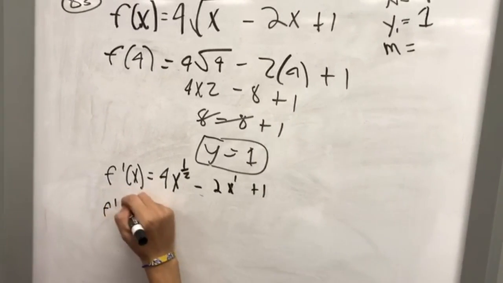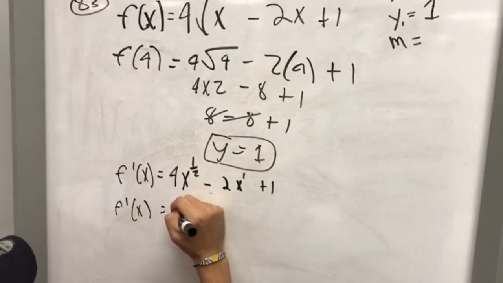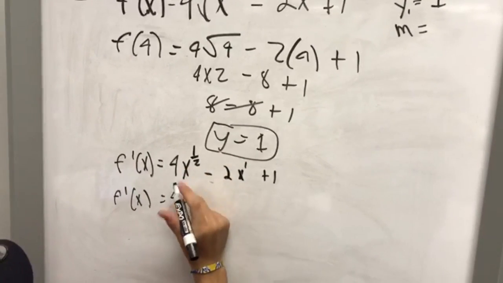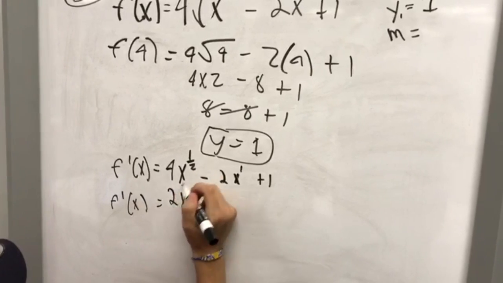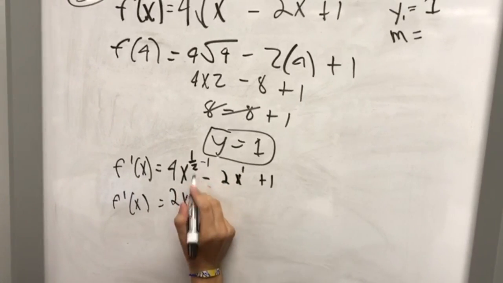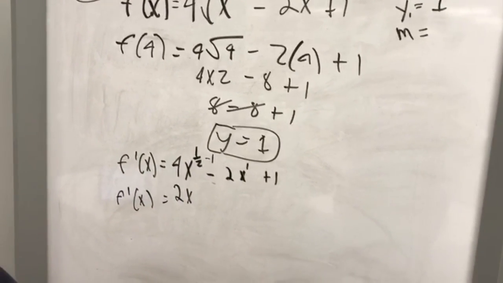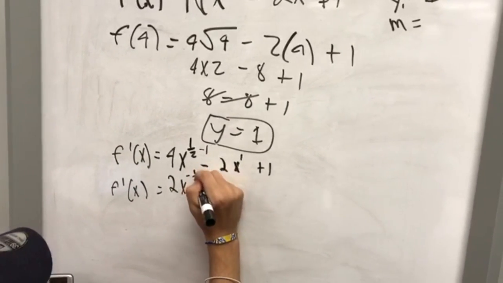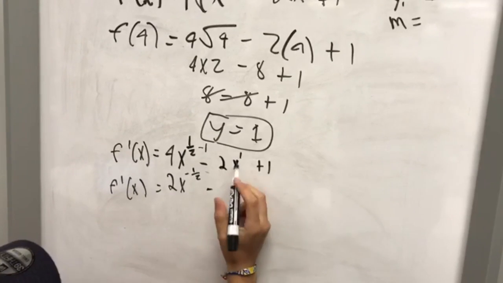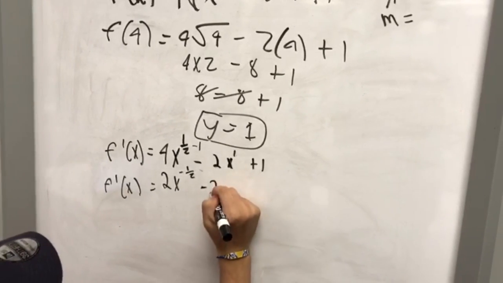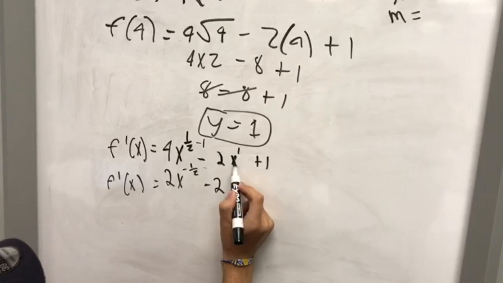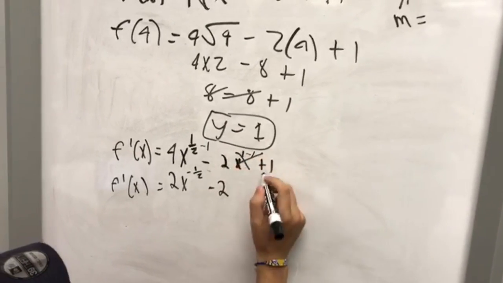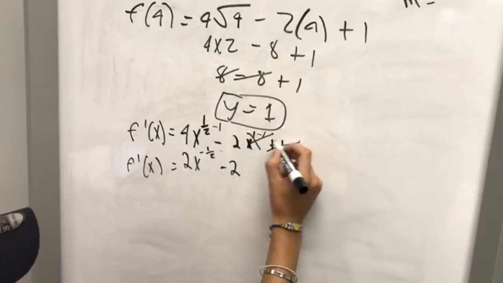Then we need to multiply 4 times 1/2, which is 2, and the negative 1/2 power, and the minus 2x becomes minus 2, and since the constant doesn't have an x, you can do nothing with it.